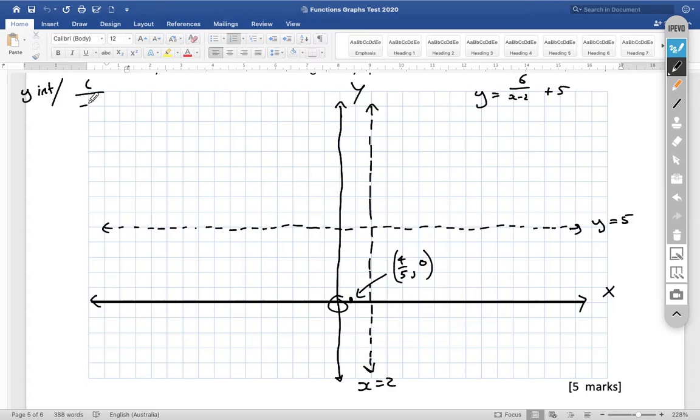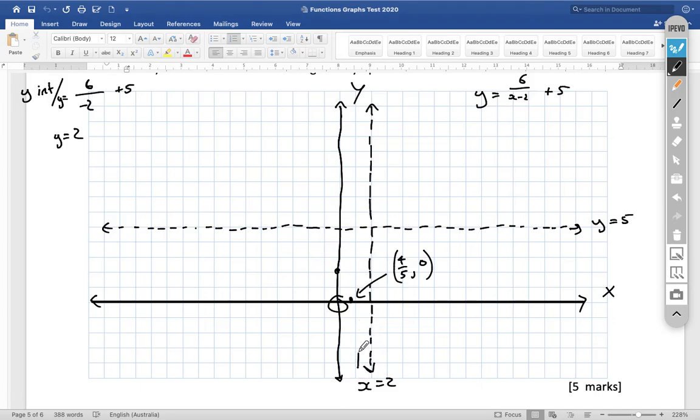Happens when you get 6 on minus 2, because that x is gone, it's a 0, plus 5. And let's just write, it's a y value, so it's y equals minus 3 plus 5. 6 divided by minus 2, that's minus 3. So y equals 2, it's here.